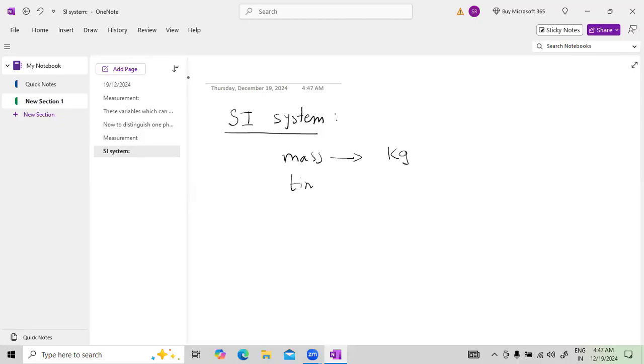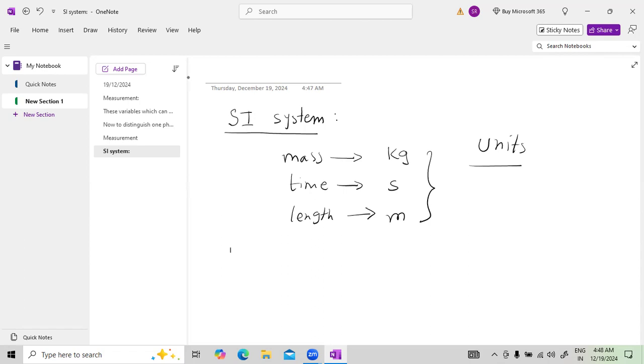For time, it is second. For length, it is meter. Primarily these three, and these are known as units. So units are basically those in terms of which a measurement can be done.